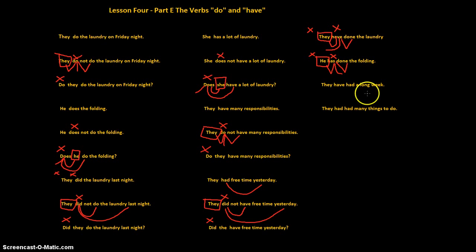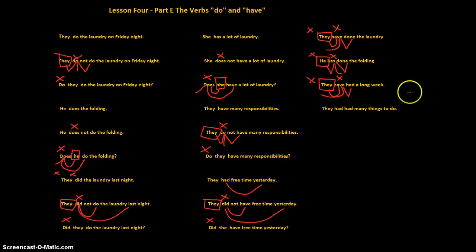They have had a long week. The X word is have. Have they had a long week? The subject is they. The X word have ties with they. The X word have ties with the present. And the X word have ties with the DTN form had.